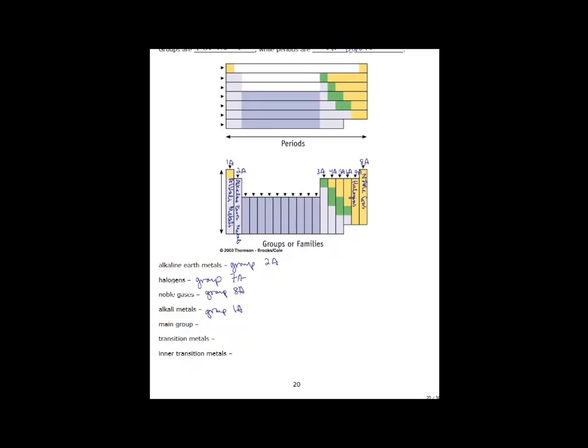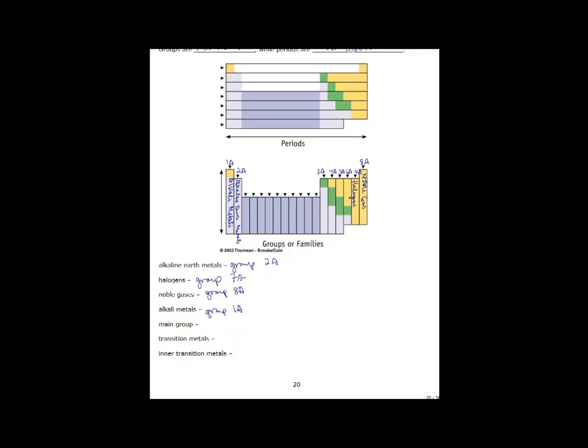So you need to know the location of these groups and families. I could ask you a question about an element. For instance, is sodium an alkali metal or an alkaline earth metal? And you would have to know which group is which. Now I put letters after these. So 1A, 2A, 3A, 4A, all the way up to 8A.